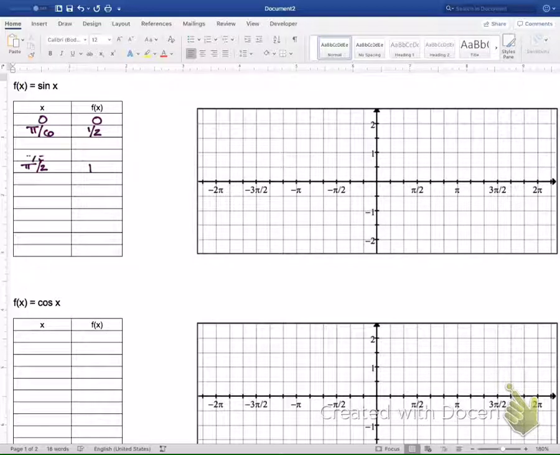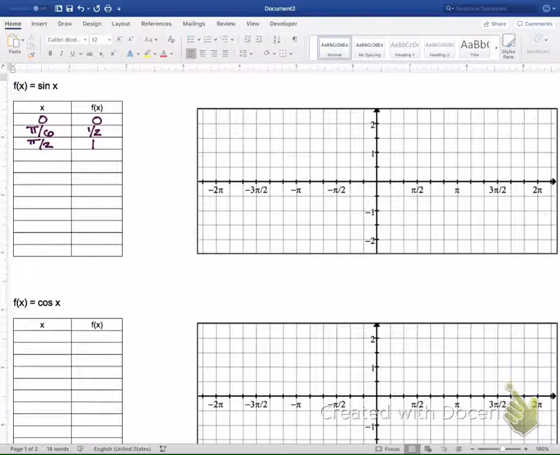This is why I told you not to write with me. So that means after pi over 6, the next thing I'm going to graph is pi over 2, which was that 1. Now, remember our chart just gives us the first quadrant, right? We use the reference angles going around the circle and the sine values from our chart using positives and negatives to go around the rest of the circle.